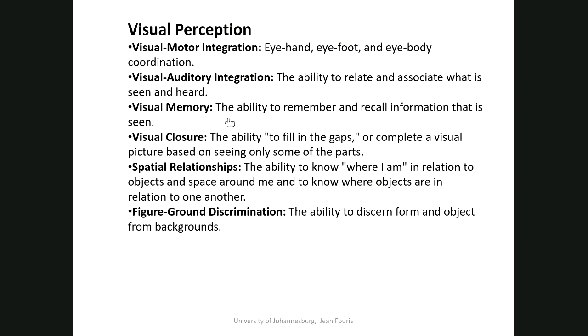And visual memory can be made stronger by activating the neural network a lot. So if you see something many times in different forms and you integrate it with auditory and movement, then your visual memory of that particular thing becomes much stronger.